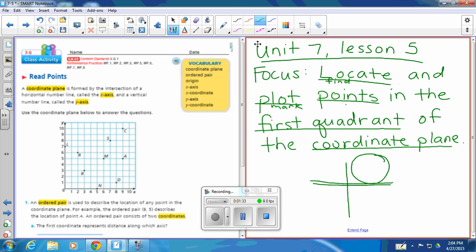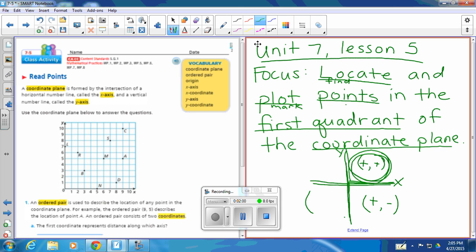Horizontal line is your x-axis. The vertical line is your y-axis. And so the reason this is the first quadrant over here is because these are positive numbers of x and positive numbers of y. In the second quadrant, we'd have negative x numbers but positive y numbers.